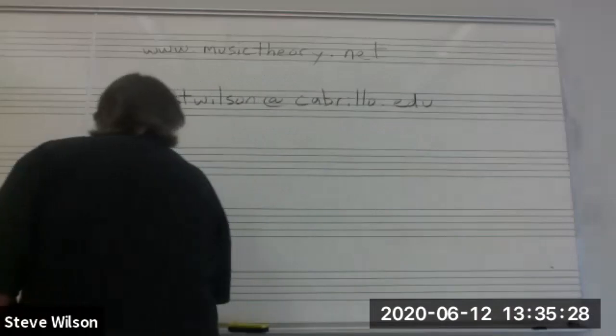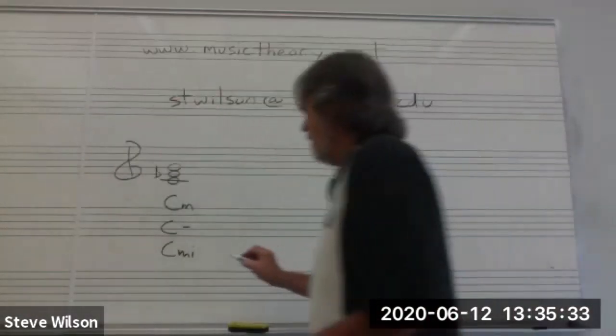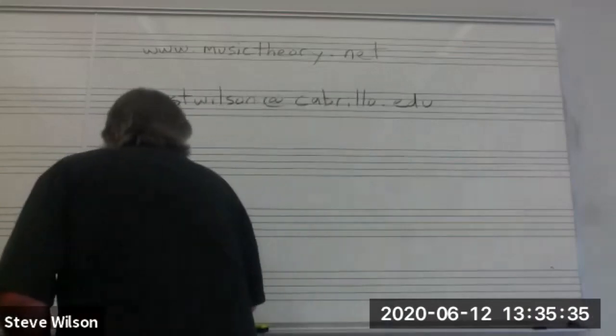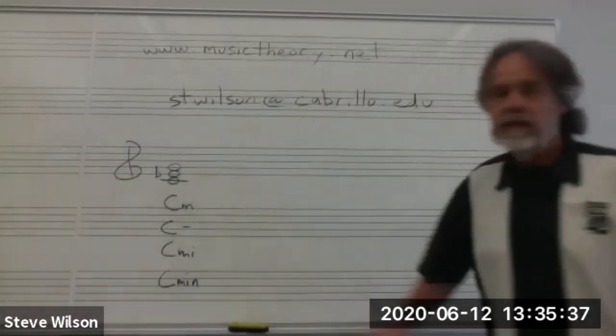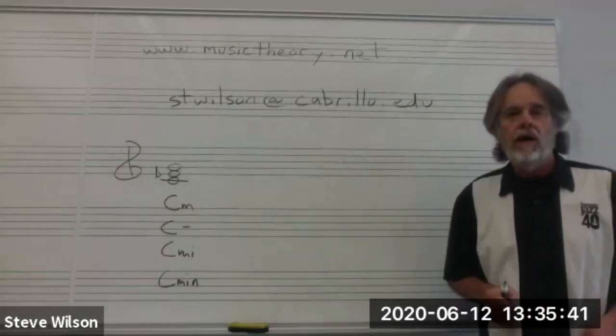Sometimes people will write MI, that's okay. Or MIN, takes just a little longer. All of these are indicators of a minor triad.